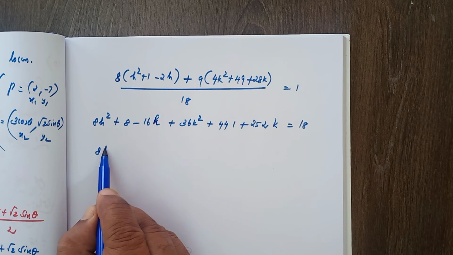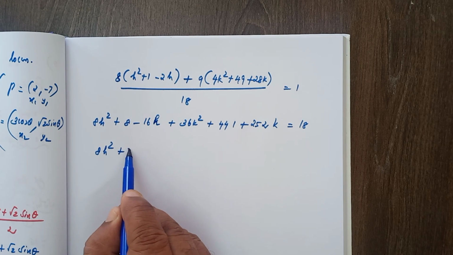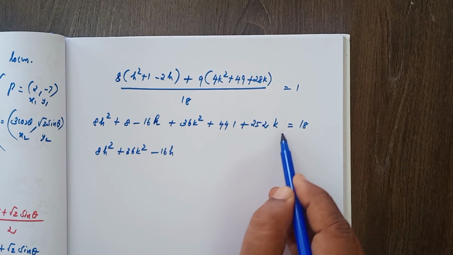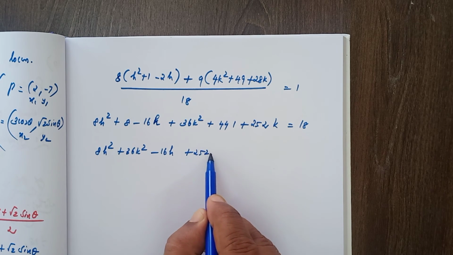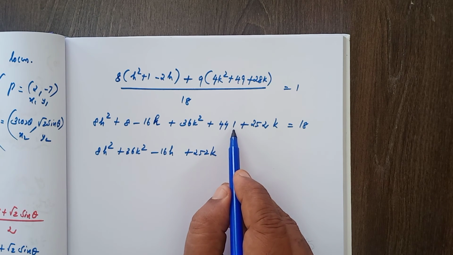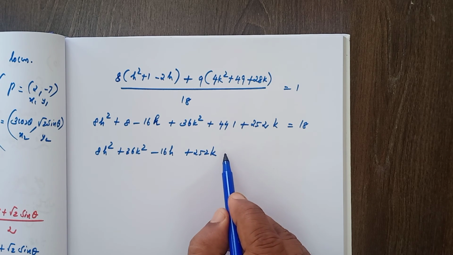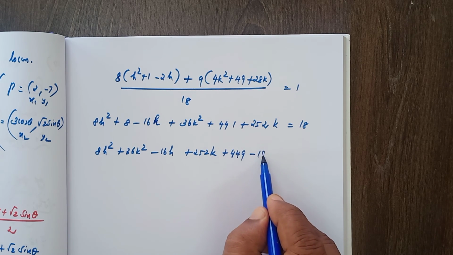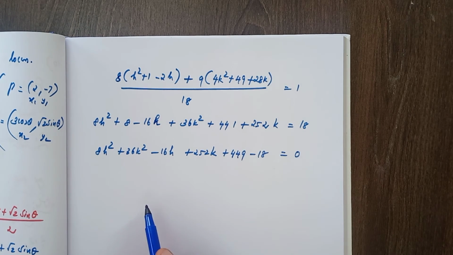So first write h square, then k square, that is 36k square, then the h term minus 16h, then the k term, that is 252k. Finally the constant 9 plus 441 is 449, plus 18 comes to the left hand side as minus 18, that is equal to 0.